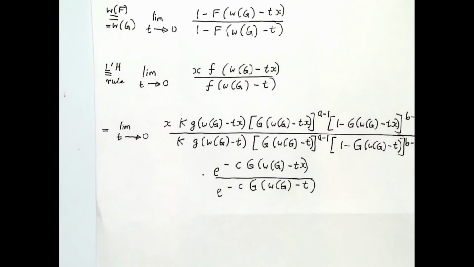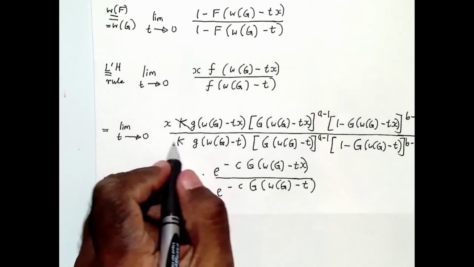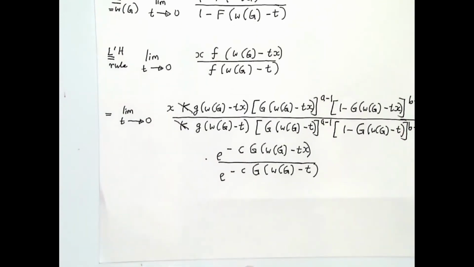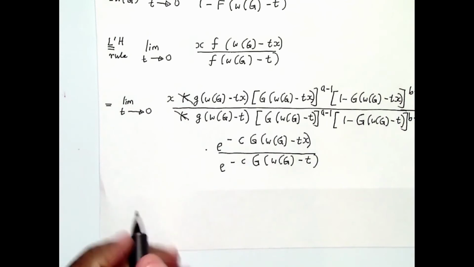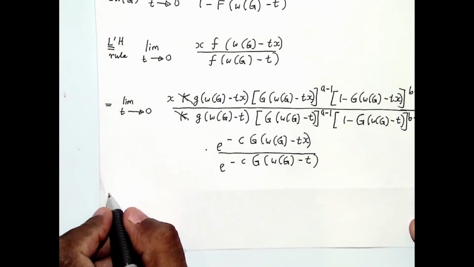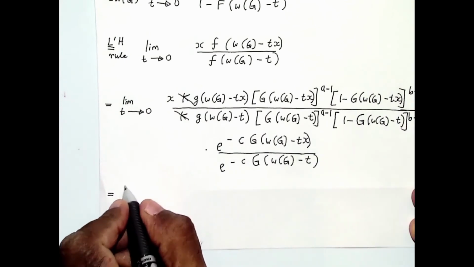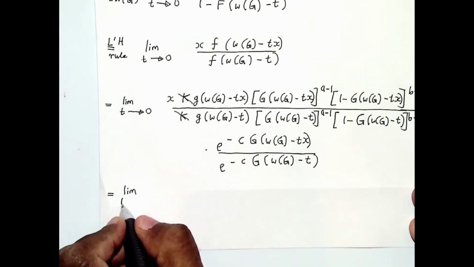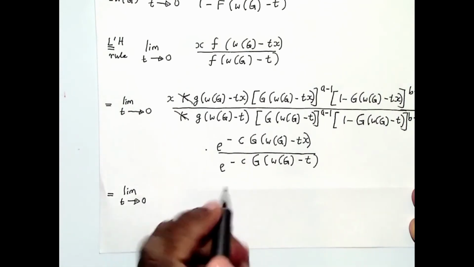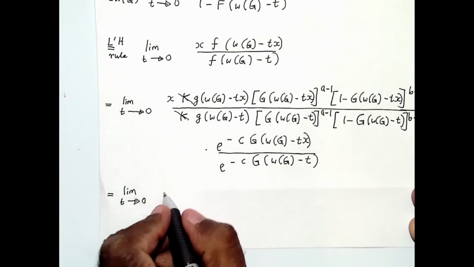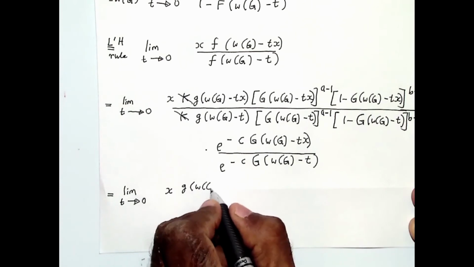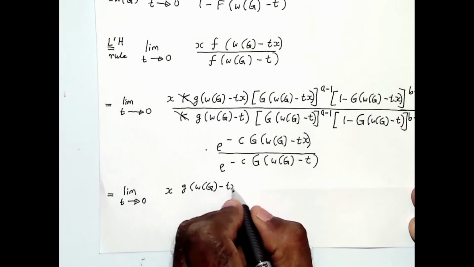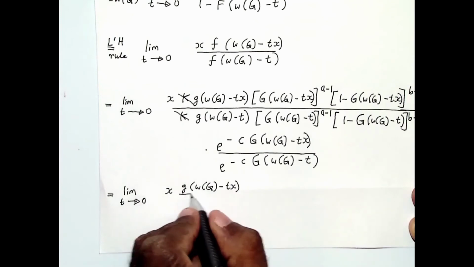Now you see that the two K's cancel out. This one and this cancel out. In the next line, I'm going to group the things together. So it's going to be the limit as t approaches 0. Grouping these two together, you have this.